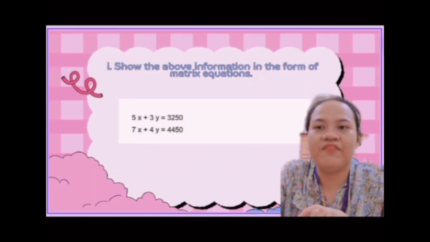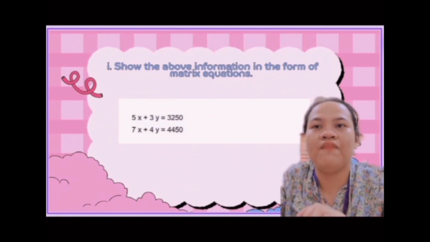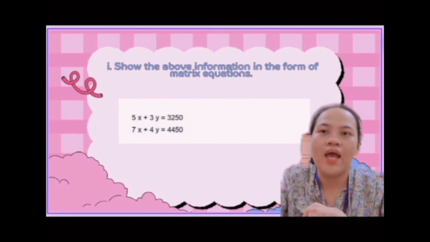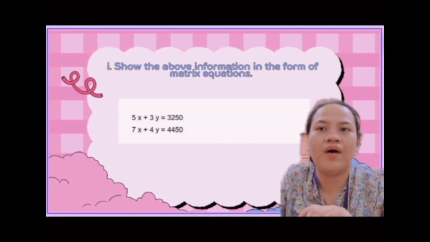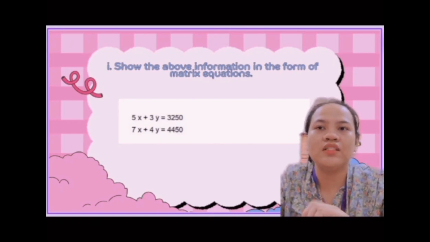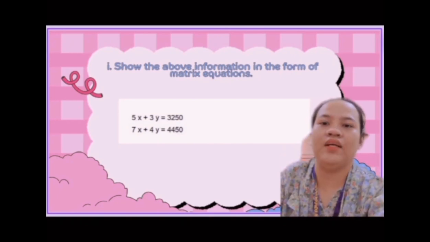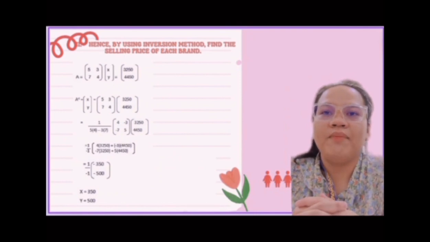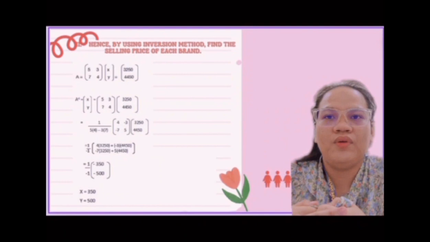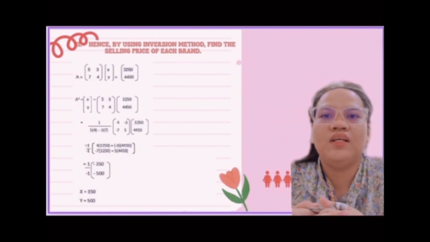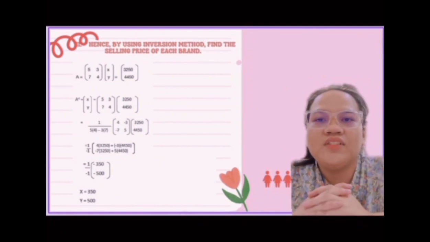First, write the information given in the form of matrix equation, which is 5x plus 3y equals 3,250, and 7x plus 4y equals 4,450. After that, by using the inverse method, we can find the selling prices of each brand with the matrices we wrote previously.